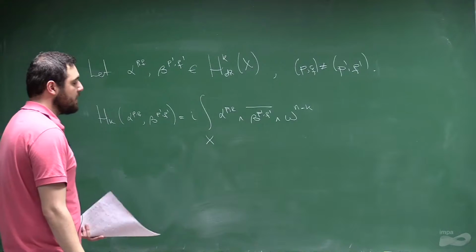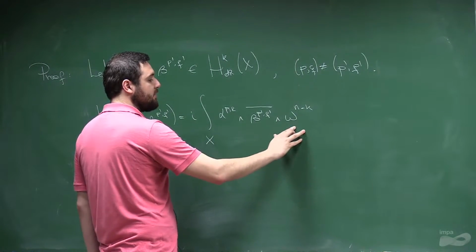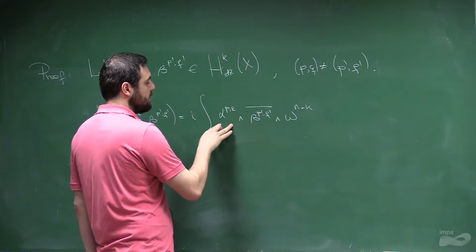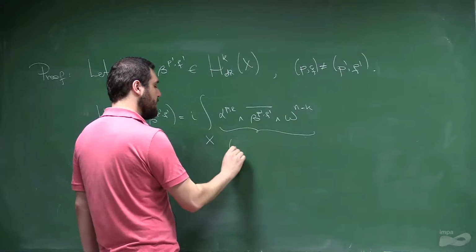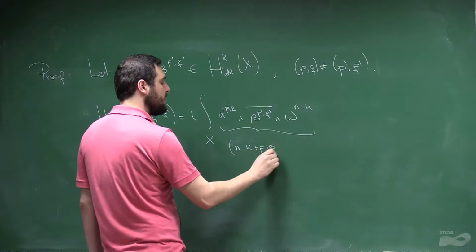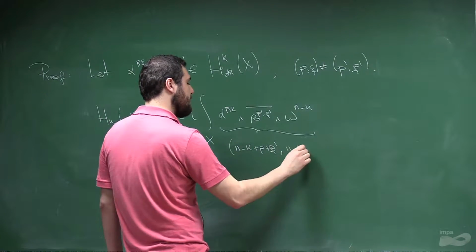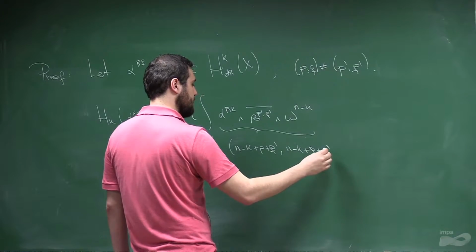And again, all this thing will be a form of type (n minus k plus p plus q prime, n minus k plus q plus p prime), right?